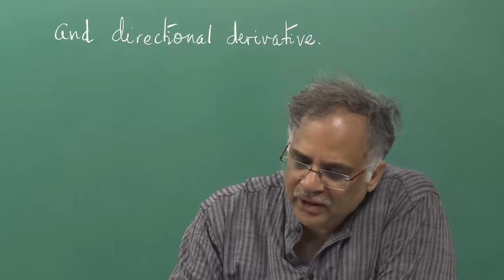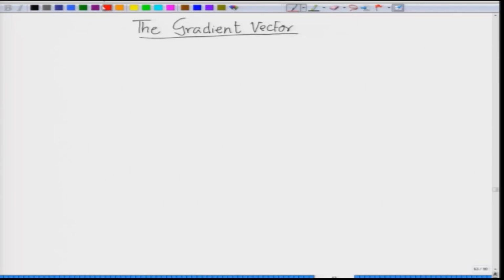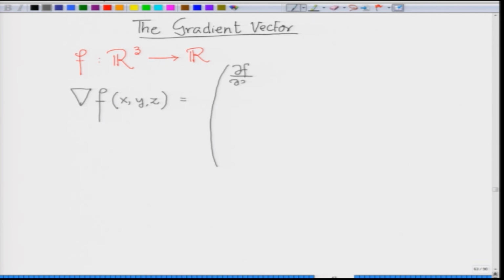So, if I have an f from R3 to R, in this case the gradient of f at any point x, y and z is a vector whose entries are the three partial derivatives.